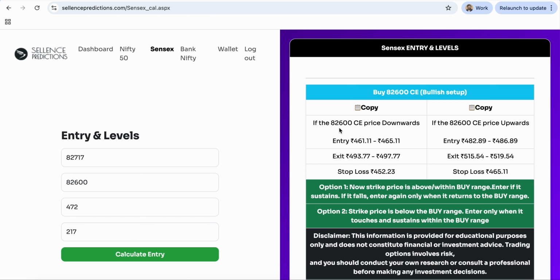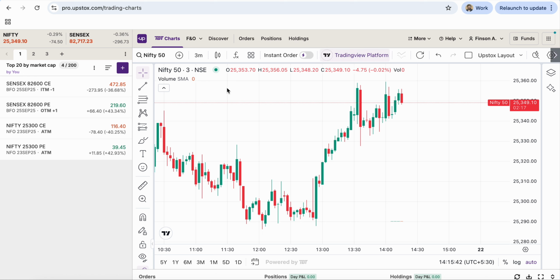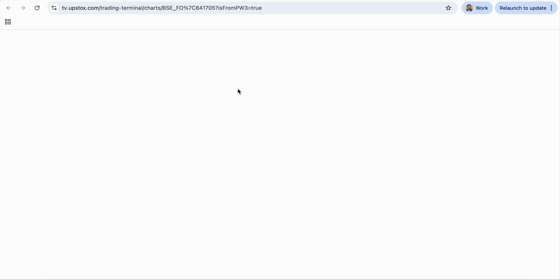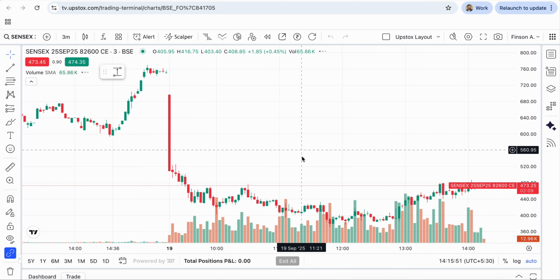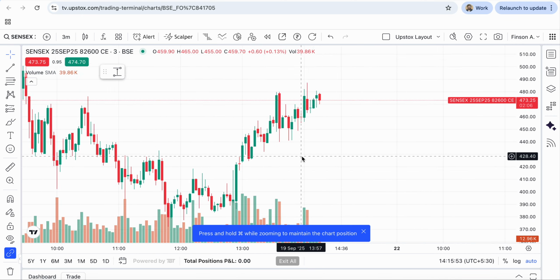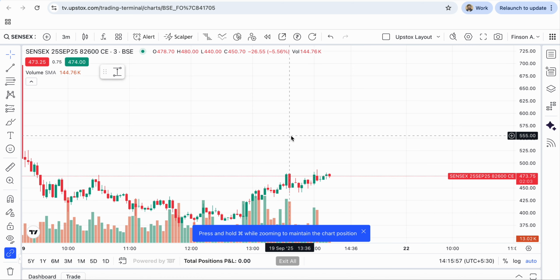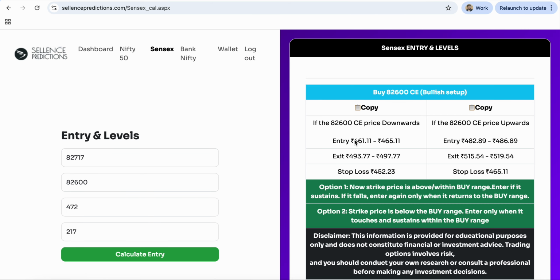The prediction is generated. Now on call we need to know the call position. It moves downwards, no problem. The price is 473. Actually, we need to copy this from here.